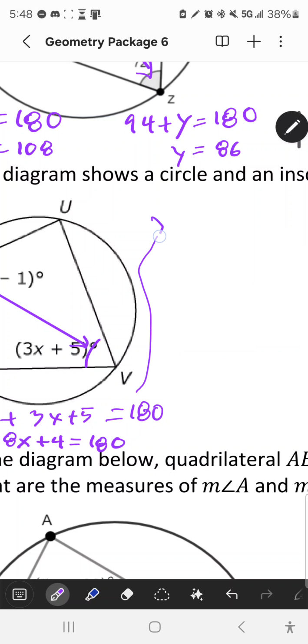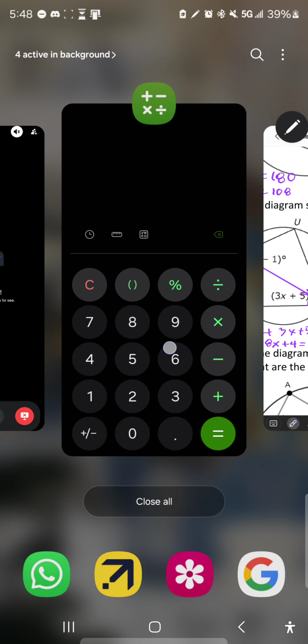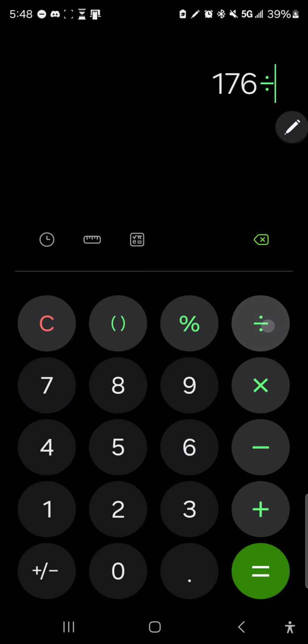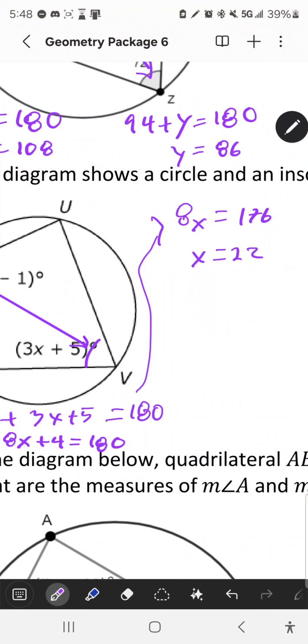Then 8x equals 180 minus 4, which is 176. And then 176 divided by 8 is 22. Let me make sure about that one. Yep, so x equals 22.